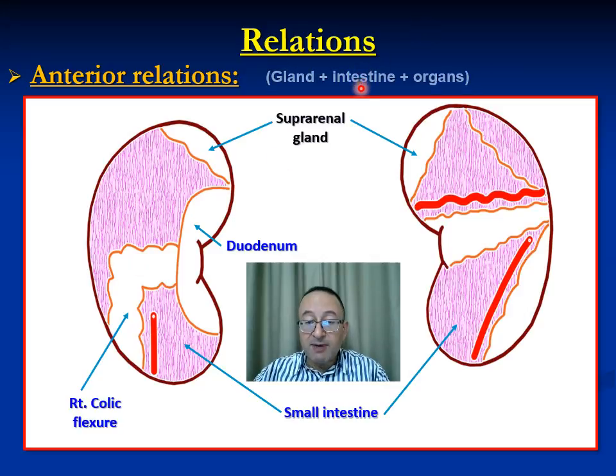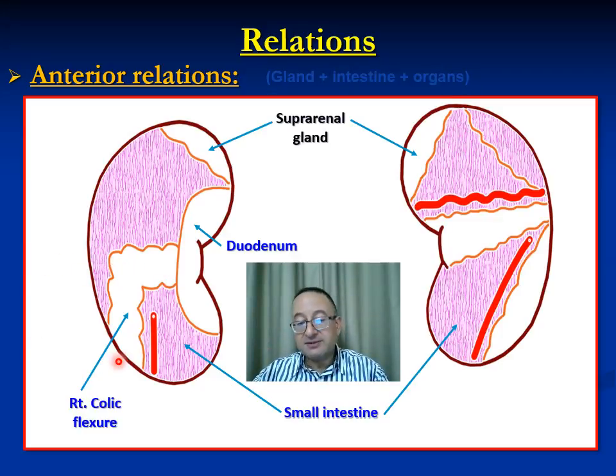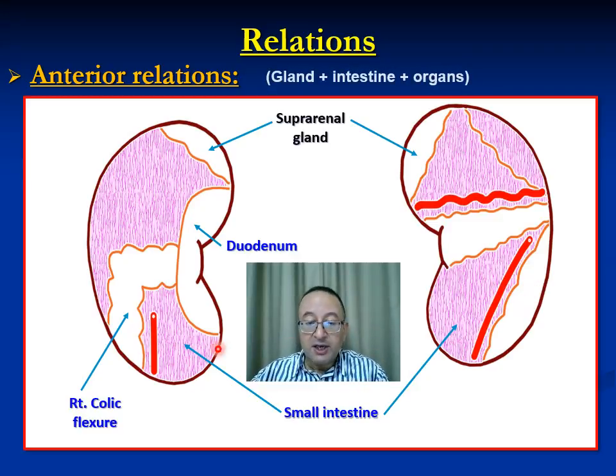What are the remaining parts of the intestine on the left side? I have to think here. Here I have right colic flexure. So the first thing which will come to my mind is that here I have left colic flexure. No, it is wrong. Why? Because the transverse colon is not running directly transversely like this.